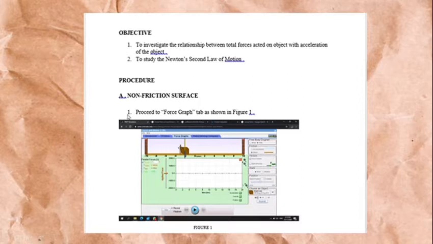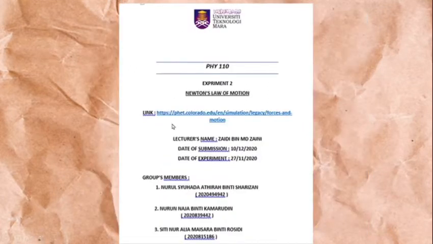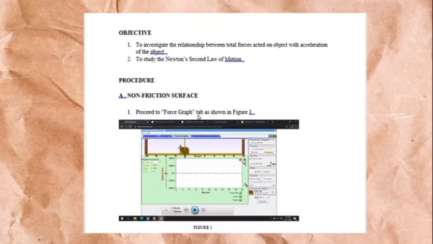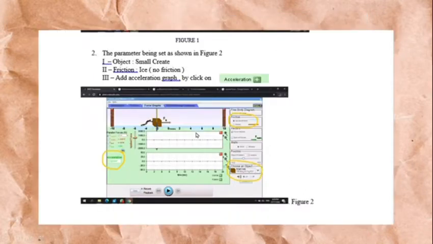First, when we click on this link, it will open, and then we can proceed to the force graph tab as shown in Figure 1. So this is the force graph tab. Second, there are a few parameters that we need to set up before starting the experiment.